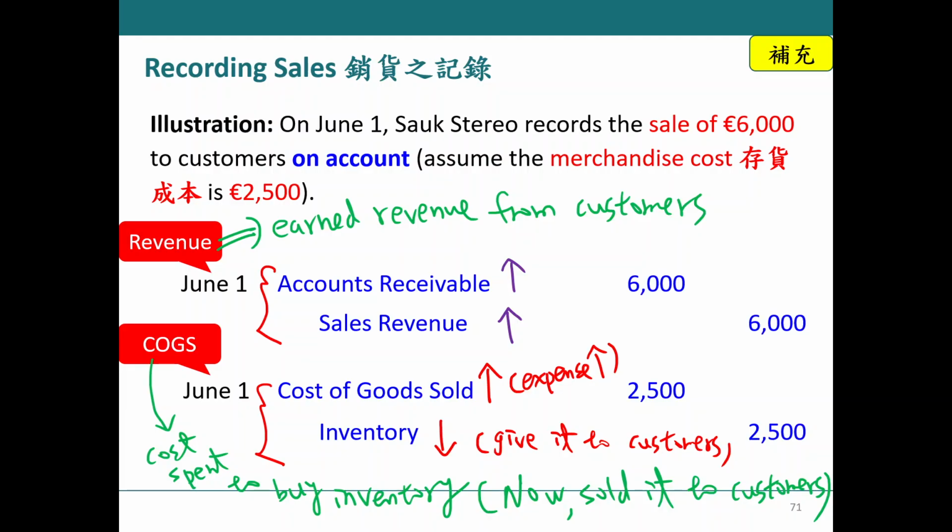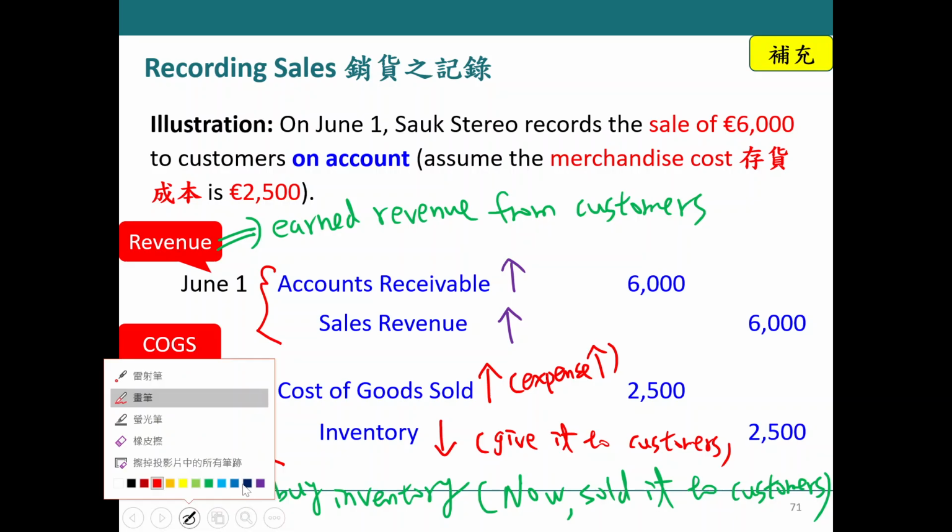So based on this, I already know the transaction bring us the profit. How much? $6,000 minus 2,500. Okay. So based on this, I know the profit, gross profit I can get how much?